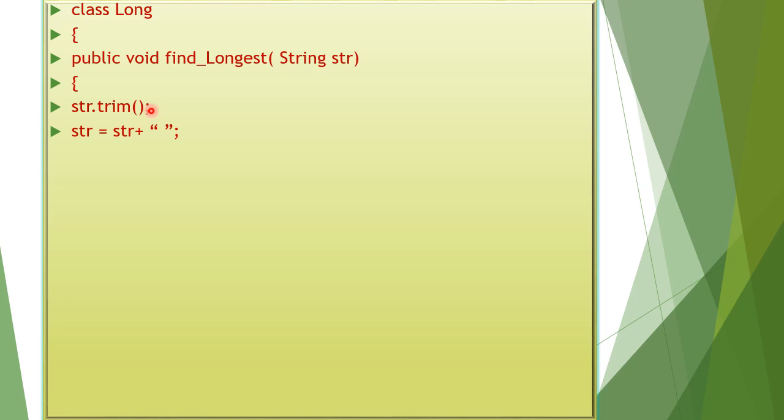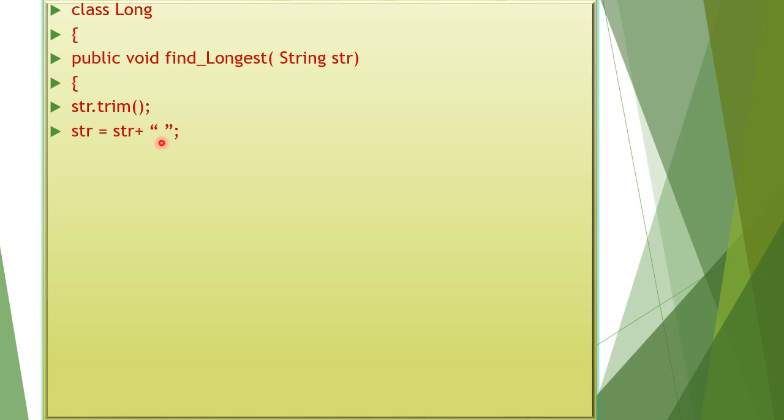and we use string functions to remove the blank spaces from the beginning and end of the string, if any. Then we add a blank space at the end of the string. This blank space is concatenated at the end of the string to count the last word.